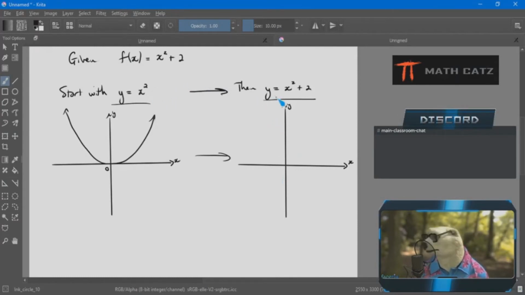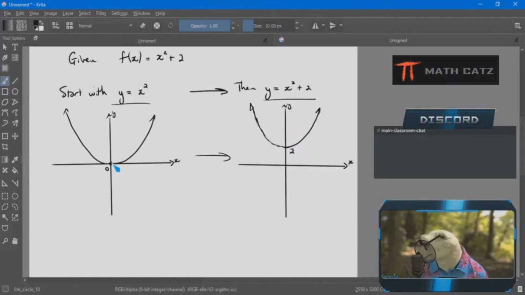Because I added 2 to the right-hand side of the original, that means the parabola is, oops, a little wobbly, is shifted up by, whoa, see the left-hand side, it's a disaster. Now it's on video and I'll never live this down. I try and go slower, but it's at least the right curvature, by 2 units.